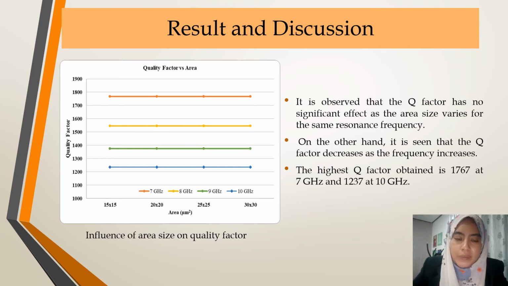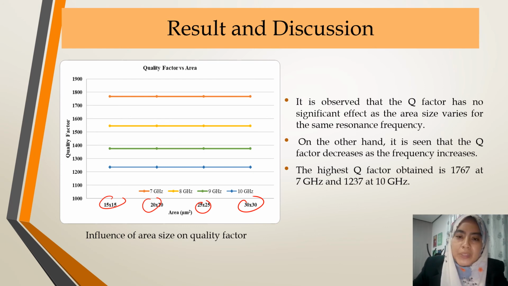Finally, we look at the influence of area size on the quality factor of an FBAR. So we have the 7 gigahertz, 8 gigahertz, and 9 gigahertz FBAR with different areas. As we can see from this figure, as the area size changes, there is no change in the Q factor for each of the frequencies.